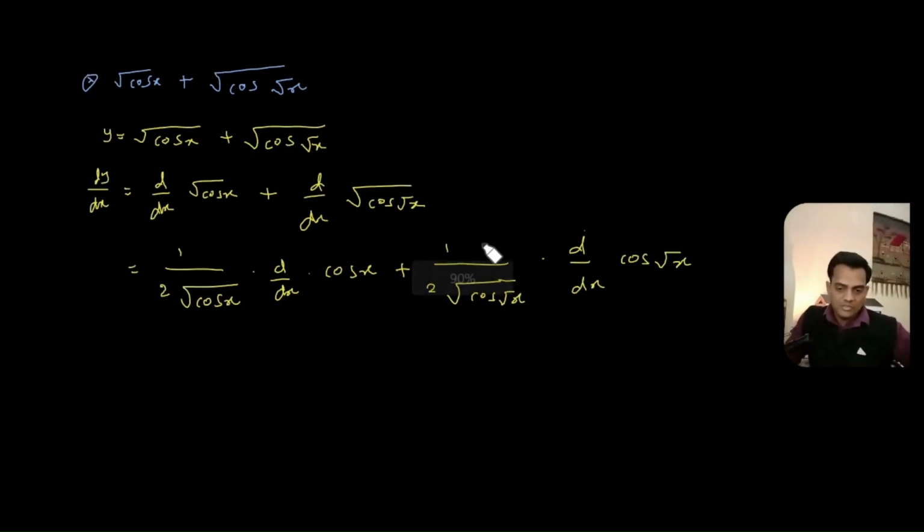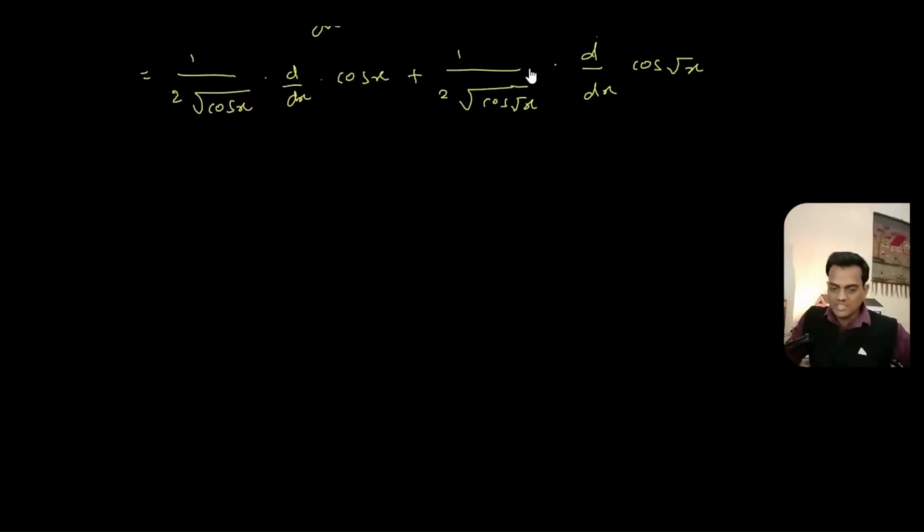Okay, so now we have to just solve this particular. So it is equal to 1 upon 2 square root of cos x, into the derivative of cos, which is minus sine x.